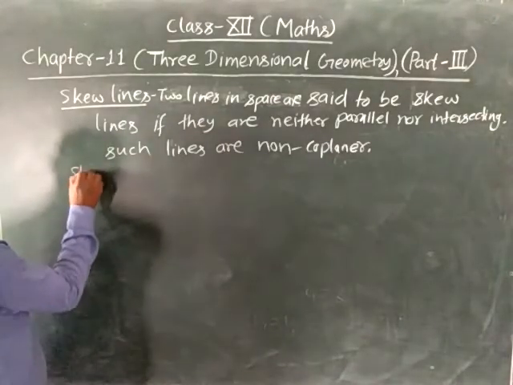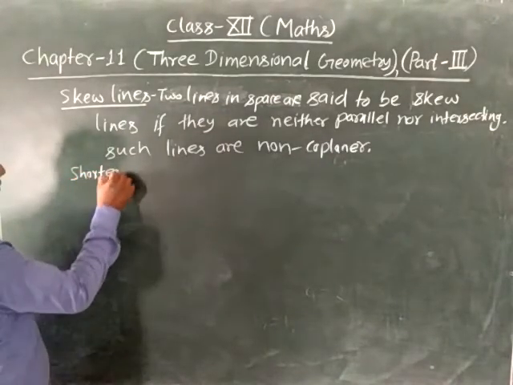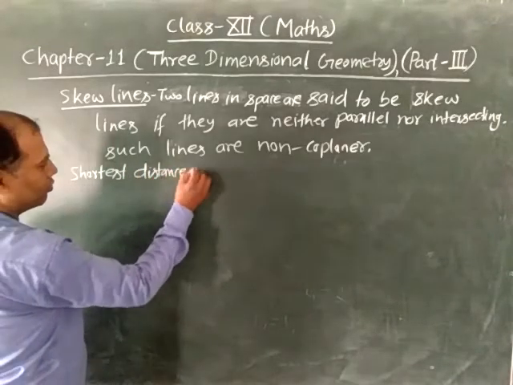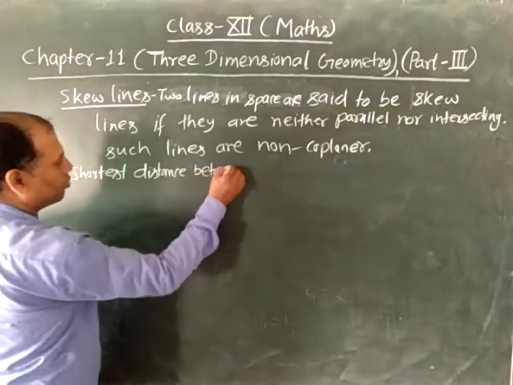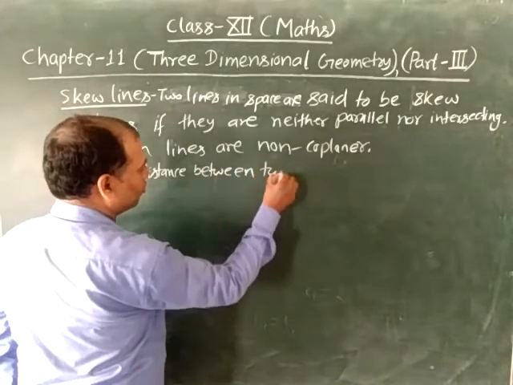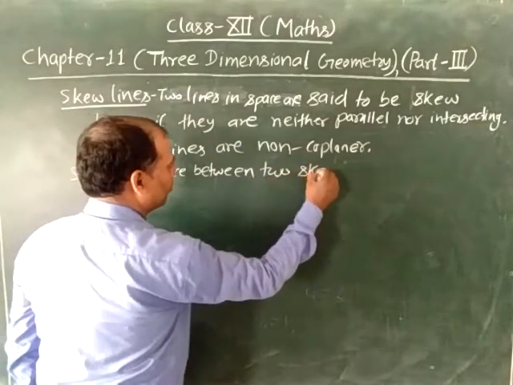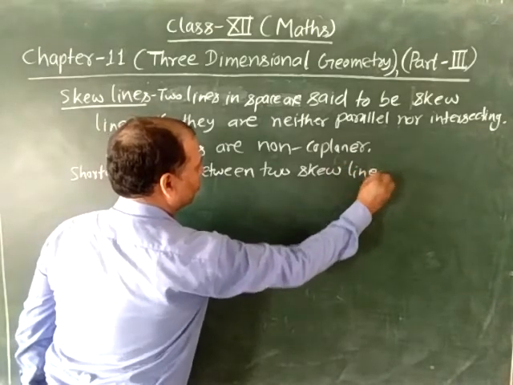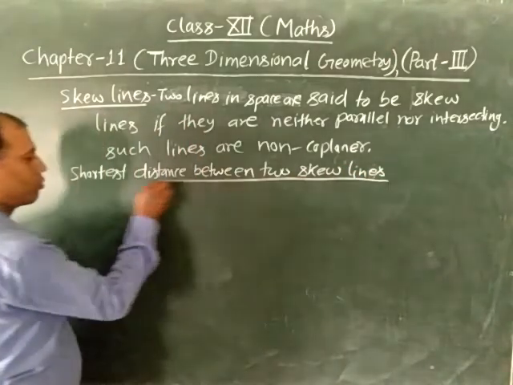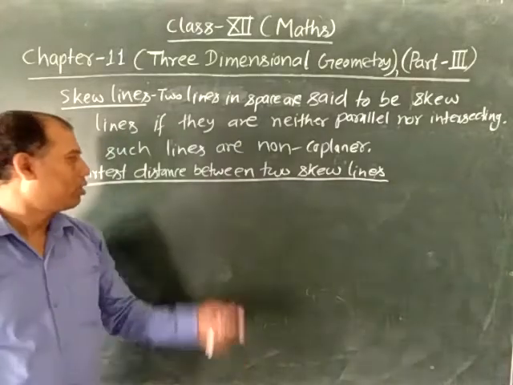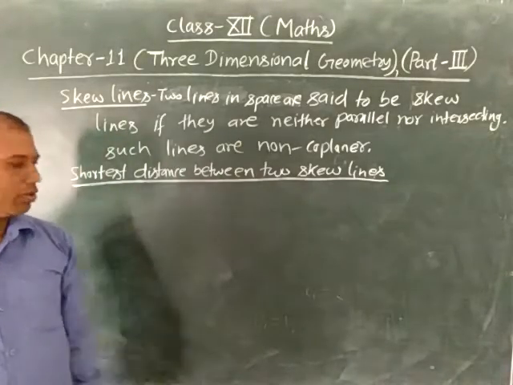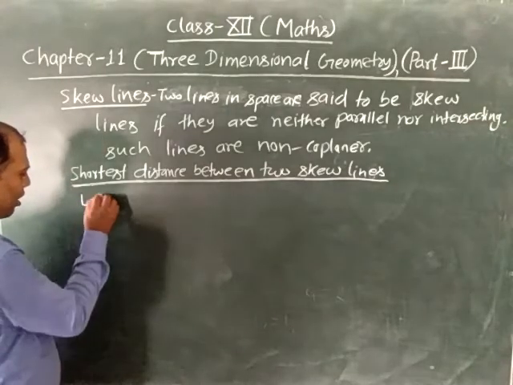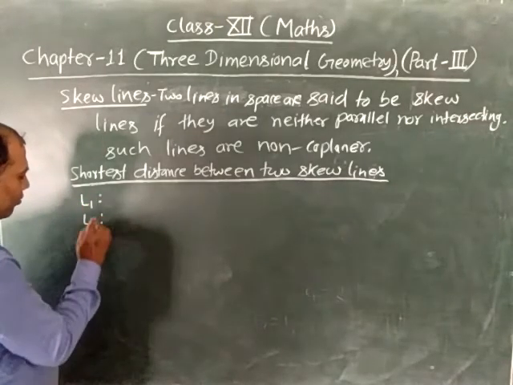Now we are going to find the shortest distance between two skew lines. Suppose that the equation of lines are L1 and L2.